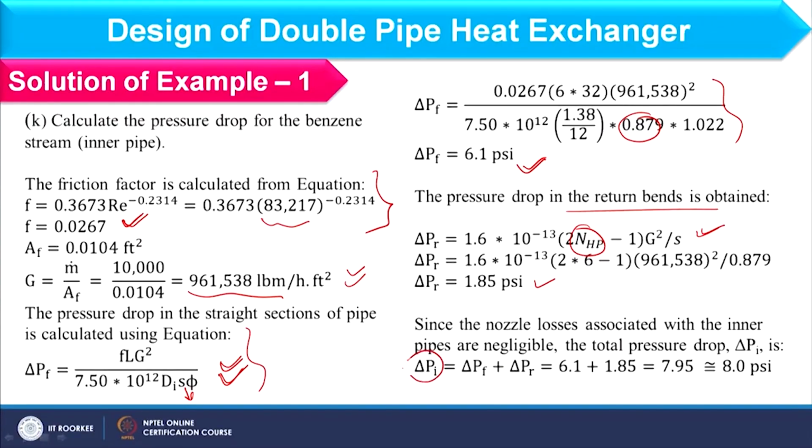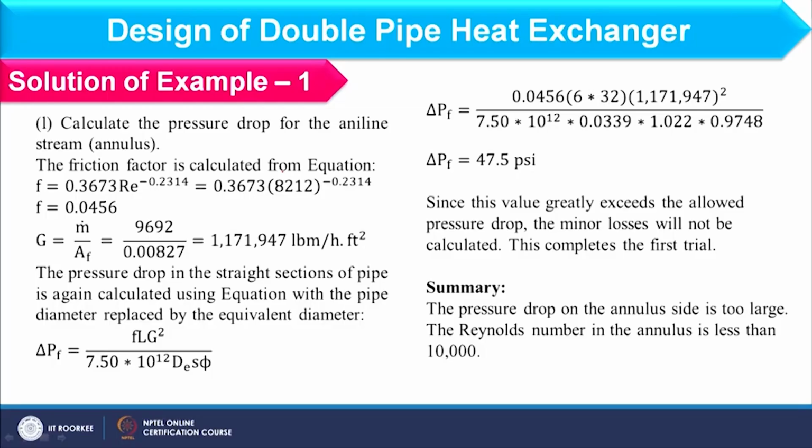So, here I am having a total pressure drop of 8 psi. If you recall the limit of pressure drop, 20 psi should be the maximum limit, but here I am getting 8. So, here I am working on the safer side, right.